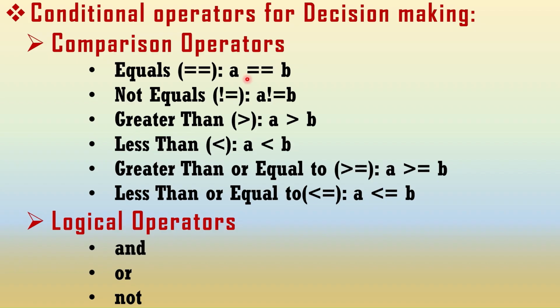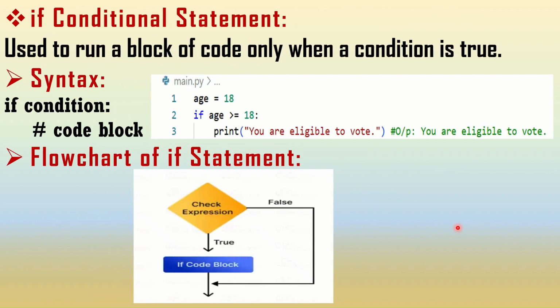We will use these comparison operators while writing the conditional statements. Under the category of logical operators, we have 3 types: and operator, or operator, and not operator. As we discuss these conditional statements in detail, we will come to know how these operators are used further. Now let's start with the first conditional statement, the if conditional statement.